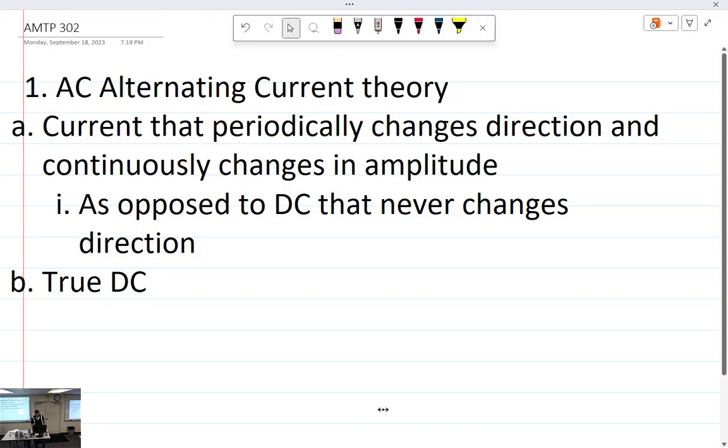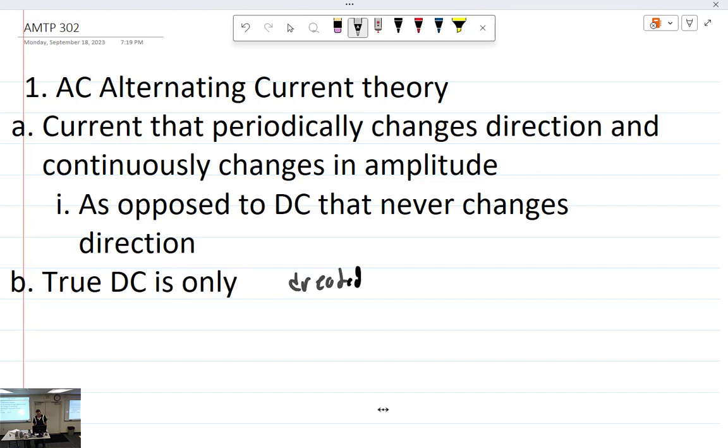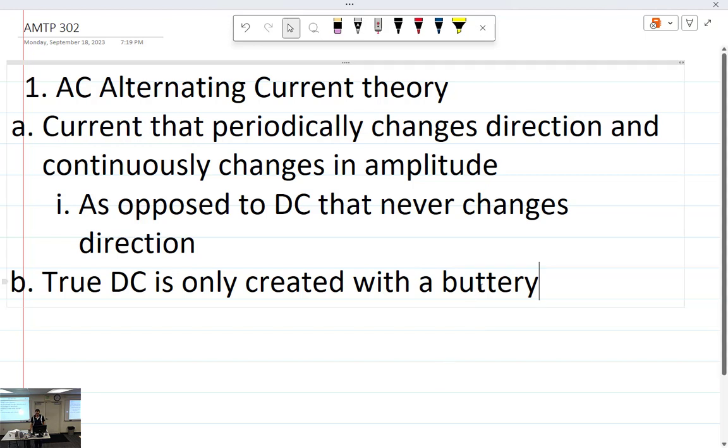So true DC is only created with a battery. Maybe perfect DC would be a better term to use than true DC. All other electricity produced.